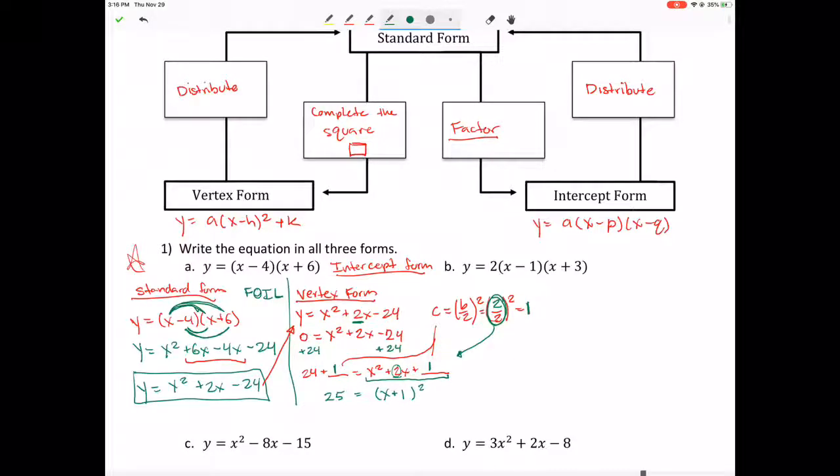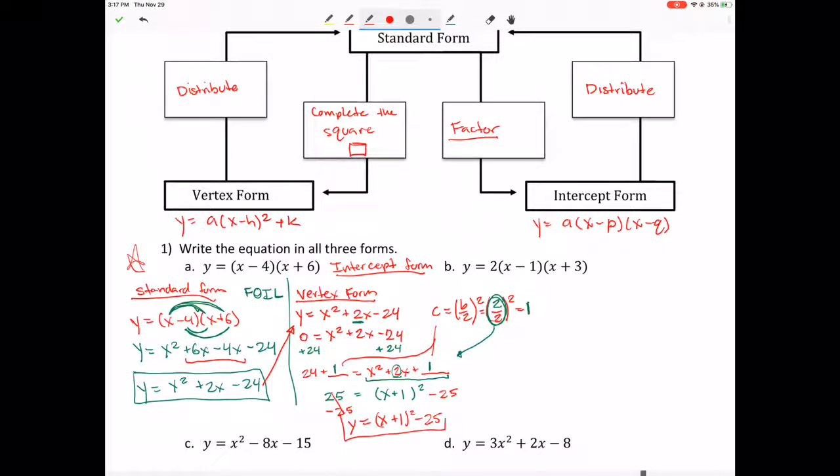So at this point, we subtract the number we have over here, which is 25, from both sides. That cancels, and then at this point we put the y back in.